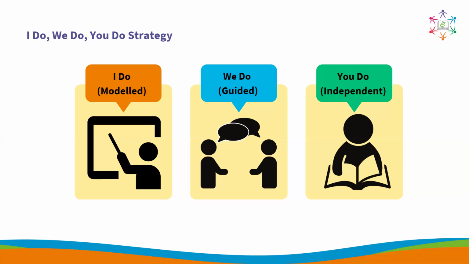By this time, they should feel more comfortable and confident in their ability to solve the problems independently. The teacher monitors the progress, providing feedback and support wherever necessary. So this is about the I do, we do, and you do strategy. You can apply this strategy in various subjects, various concepts, whatever you teach.